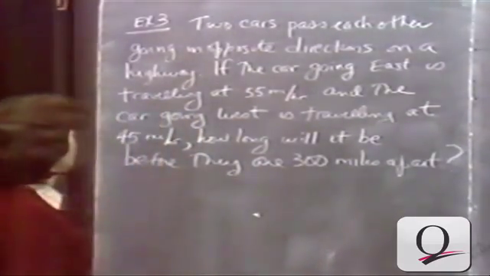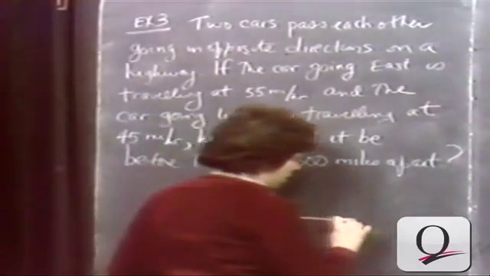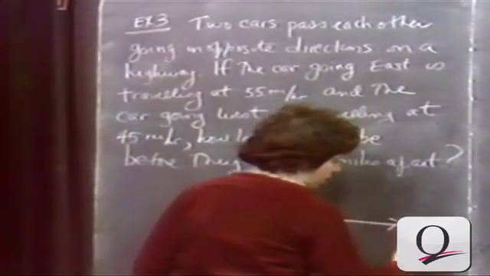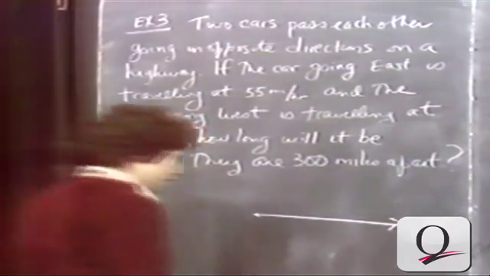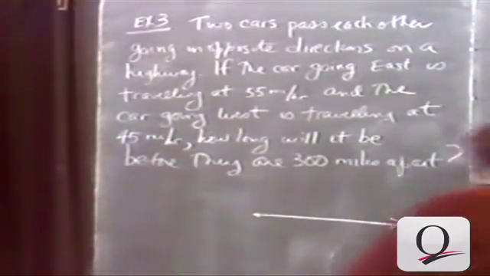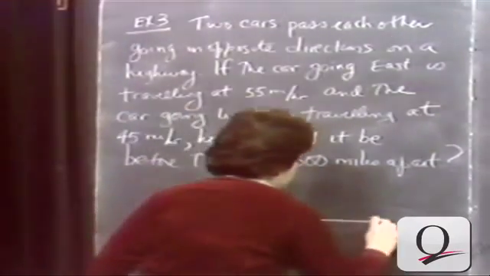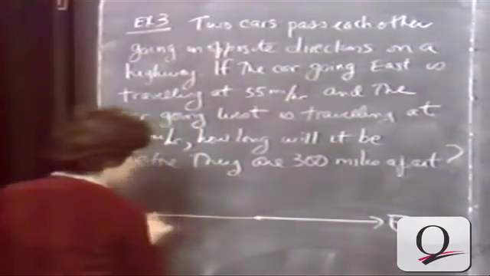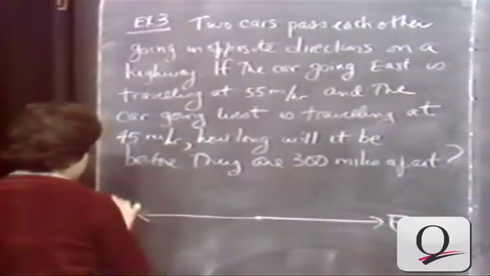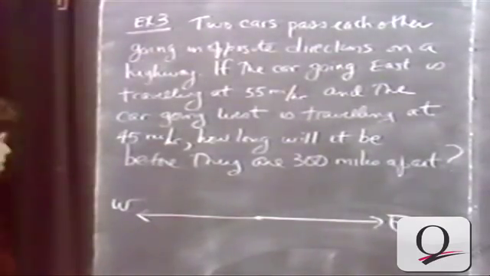Now, one car is going east at 55 miles per hour, and the other car is going west at 45 miles per hour.